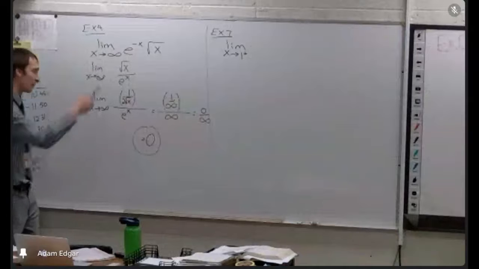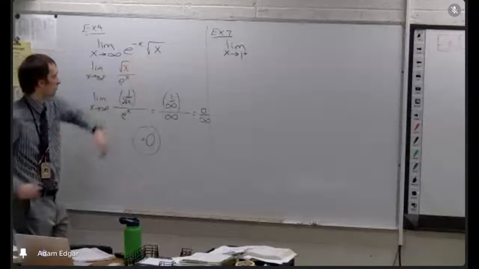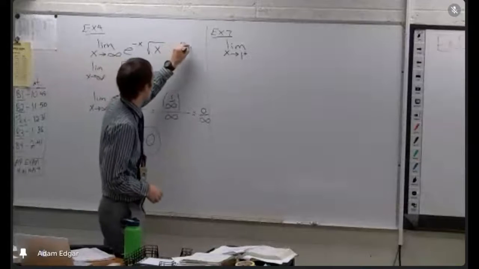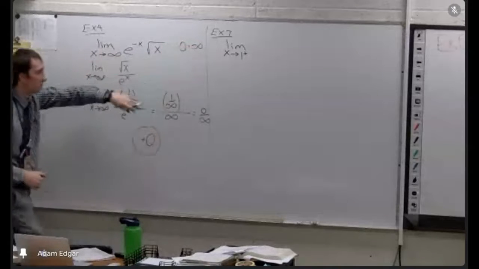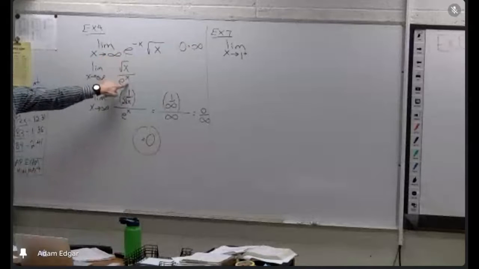We could have done that, but this works too. Any questions with that example? If you have an indeterminate form that involves multiplication, like 0 times infinity, try flipping something by switching the exponent to positive or negative or vice versa.